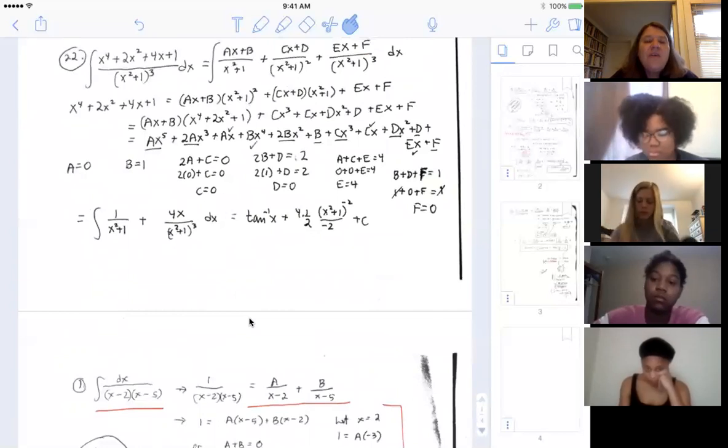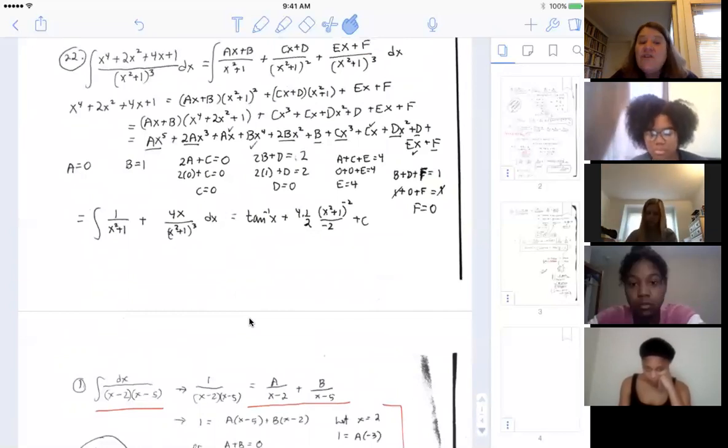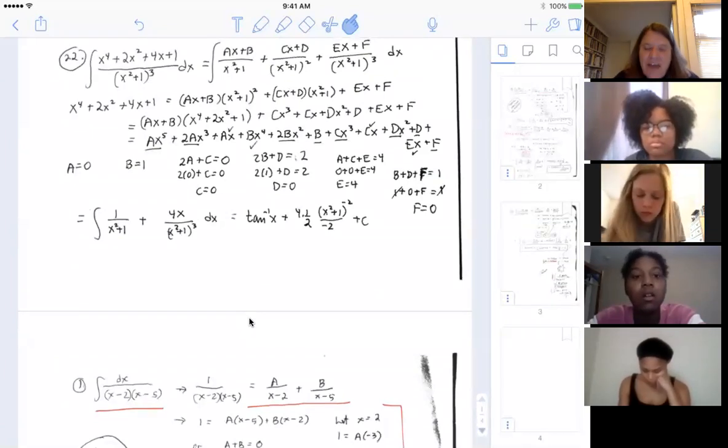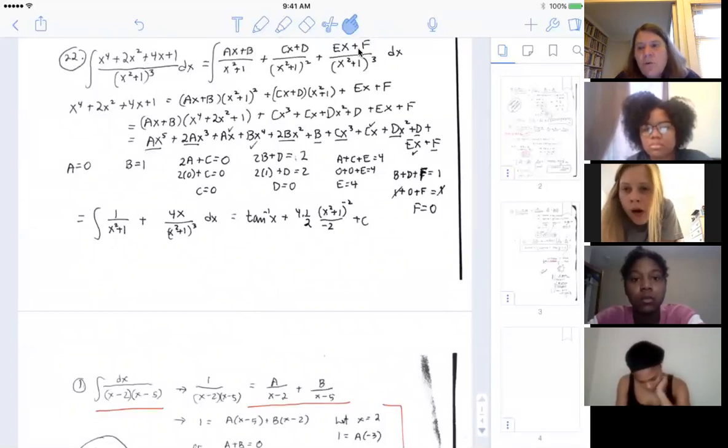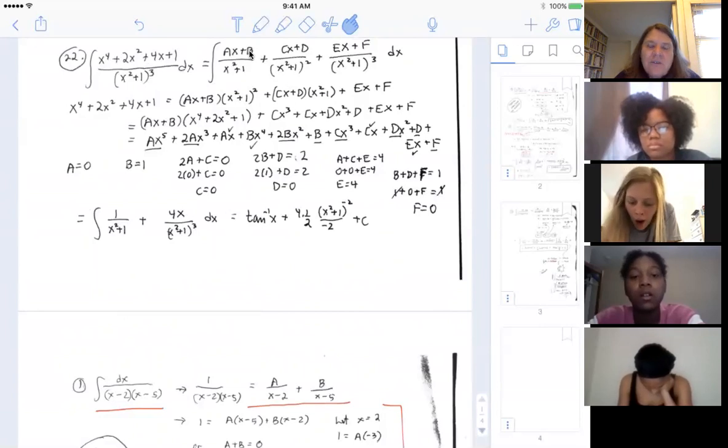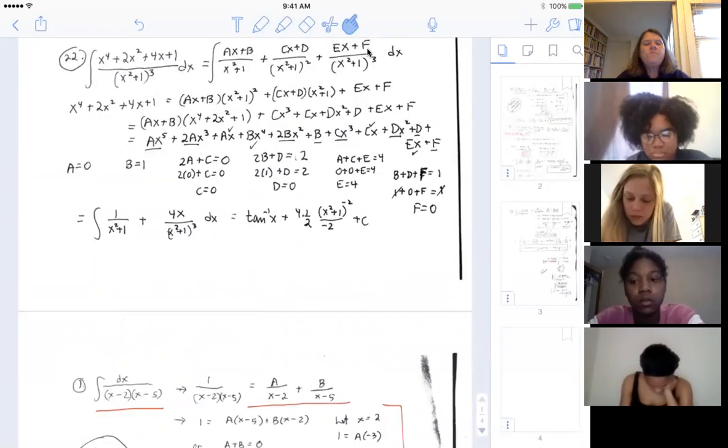If it's a repeated irreducible quadratic, you've got to do the same thing you did with linear. That is, step it up to the 1st, 2nd, 3rd power. But because it's irreducible, I have to put something x plus something in every one of the numerators. So this will be Ax plus B, Cx plus D, Ex plus F.